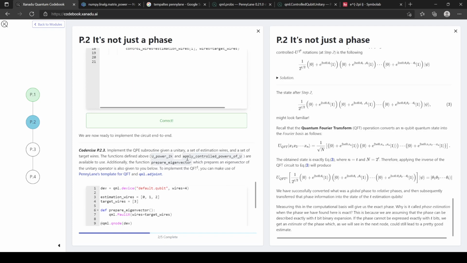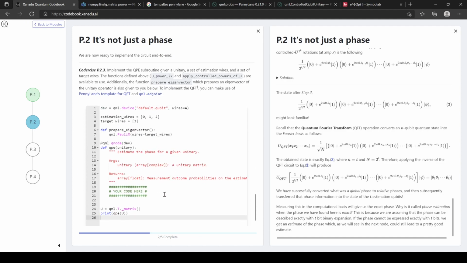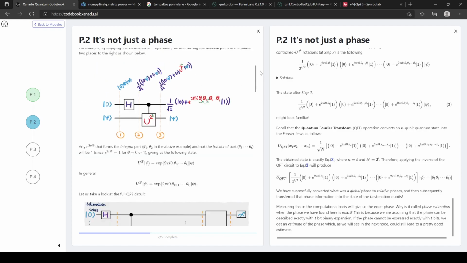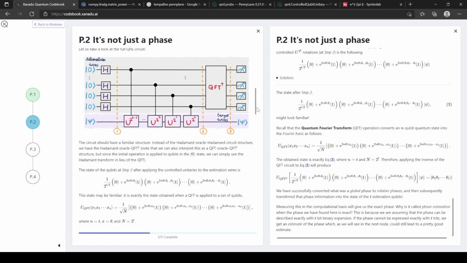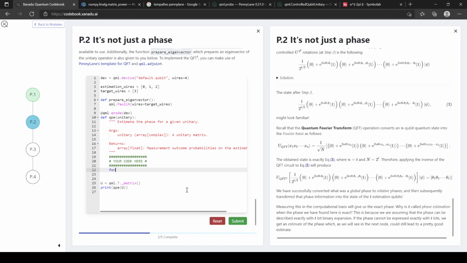Implement the quantum phase estimation subroutine given a unitary and a set of estimation wires. Okay. So what we want to do is Hadamard. We already have this section here, inverse quantum Fourier transform. All right, so we want to do for i in estimation wires, Hadamard equals i.